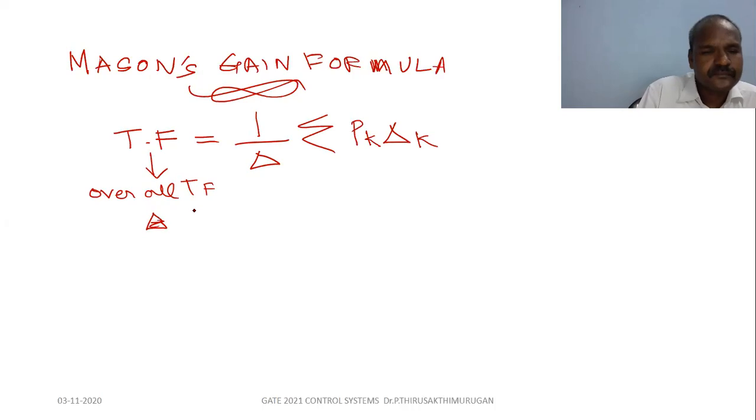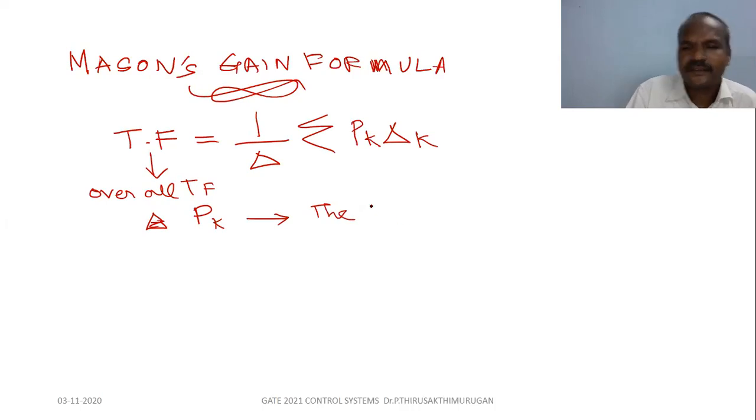P suffix K is the forward path gain. How many forward paths?